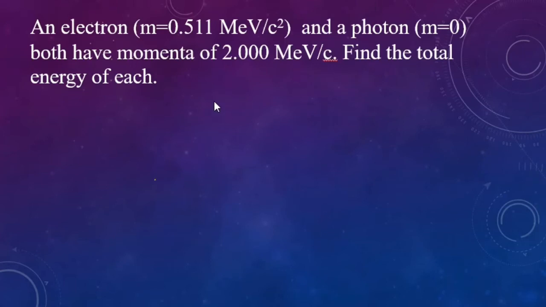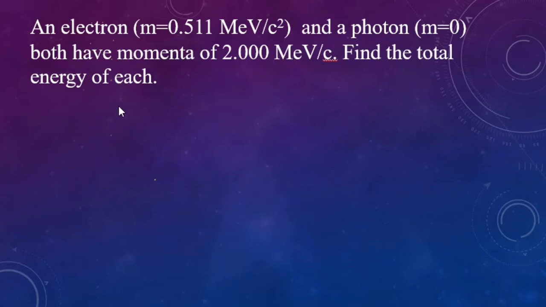Let us solve this one. An electron with a mass of 0.511 mega electron volt per c squared, so the mass is expressed in mega electron volt per c squared, and a photon with mass equal to 0, both have momenta of 2.000 mega electron volt per c. Find the total energy of each.